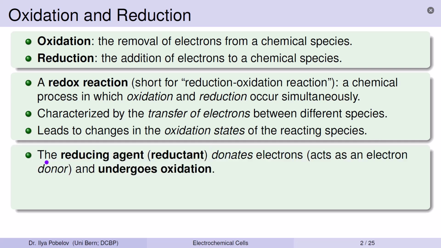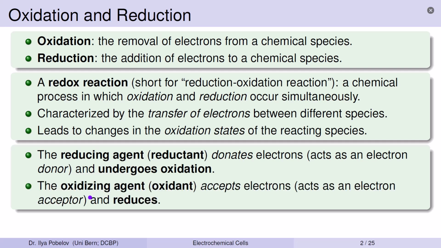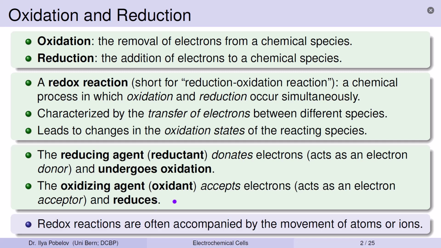In a redox reaction, the reducing agent or reductant donates electrons or acts as an electron donor. By doing so, the reductant undergoes oxidation. The oxidizing agent or oxidant accepts electrons or acts as an electron acceptor and reduces.